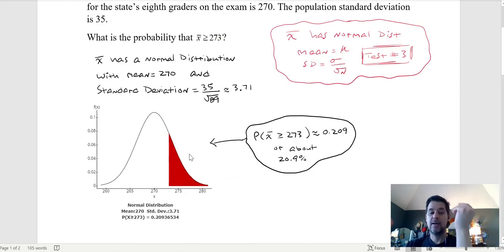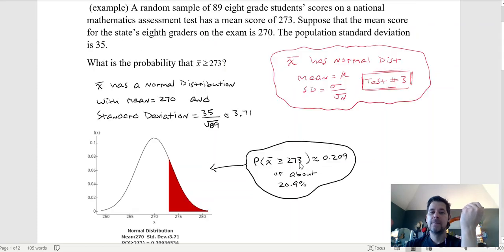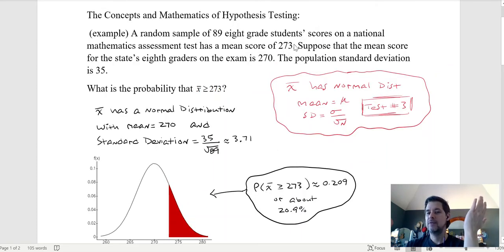I then went to StatCrunch, okay, and I put in, to do a calculation, what's the probability that we have a number that's 273 or greater. And I did all that in StatCrunch, and I got about 0.209, which if we express as a percentage is about a 20% chance, 20.9%. It's like a 1 out of 5 chance. So, all right, it's not like it's super unlikely that we would get that number from a random sample, okay?